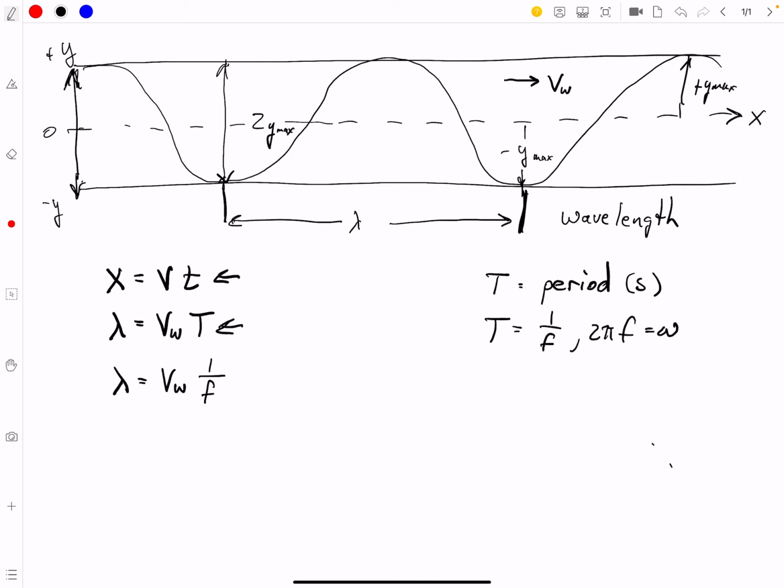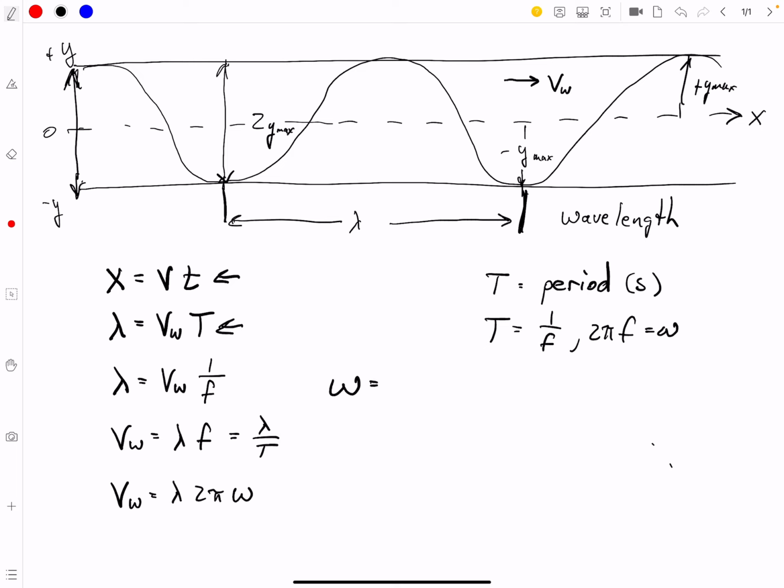You can find out what the velocity of the wave is by lambda f, which also equals lambda over the period. And then omega, of course, lambda times 2 pi omega. And you can then solve for omega as well.